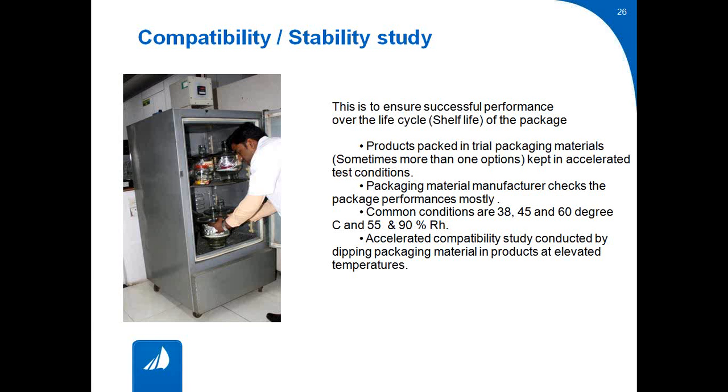In India, we normally use 38 degrees centigrade, and 50 to 55% RH for moist products and 90% RH for dry products. And it normally gives a 3x life cycle. Like if I test it for 1 year and it performs in the test, then I'll be able to say that the shelf life will be safe for 3 years.